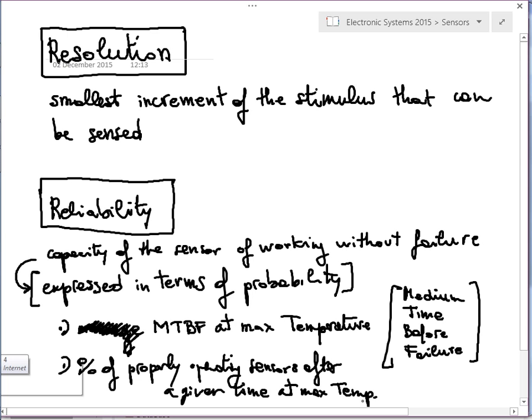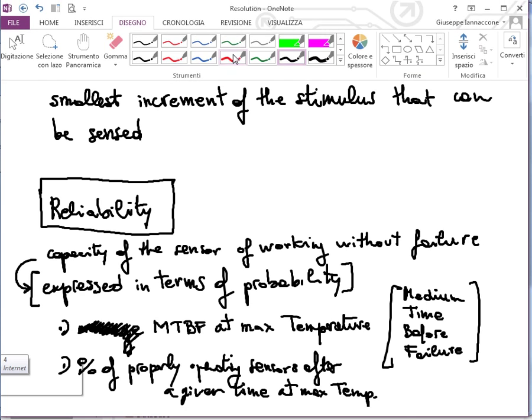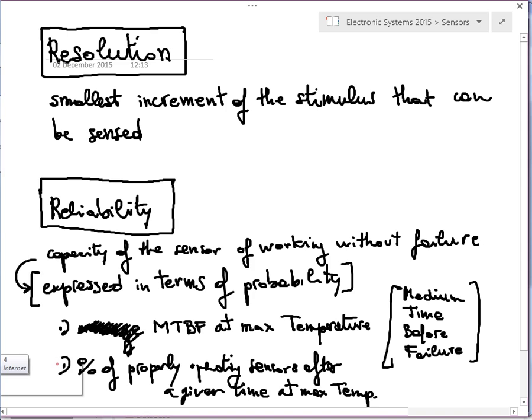For example, I can say 95% of the sensors can work at 100 degrees for 2000 hours. So, and also this one is obtained statistically. Okay, just to mention this fact, there are other formulas that one can use, so one really needs to read the datasheet carefully in order to understand what that reliability means and what its relevance is to the use of the sensor that one wants to do.